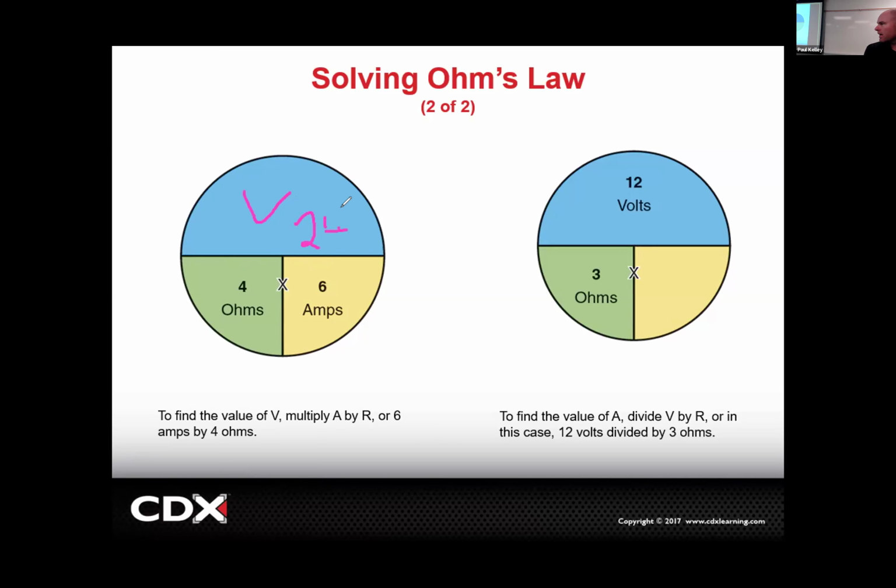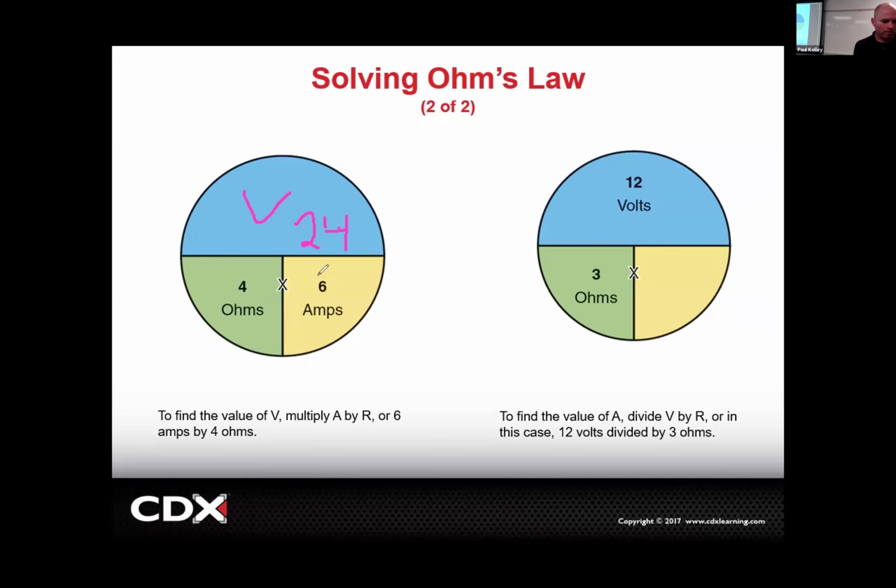Because Ohm's law says if we have 4 ohms of resistance and we're making 6 amps go through that 4 ohms, there has to be 24 volts pushing those amps. They're bound, right? They can't be like, well, today these electrons decided they're going to move different than yesterday. It doesn't work that way.